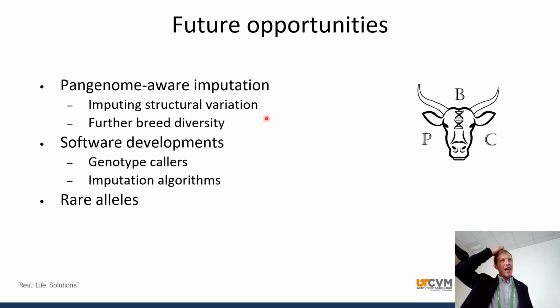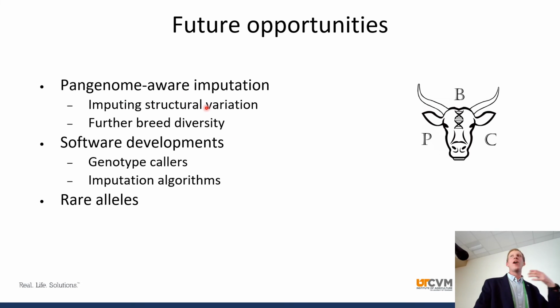And so as far as future opportunities, I think there's some really exciting stuff going on. Again, we're glad to have Ben here talking about the pangenome, and I think that when it comes to doing pangenome aware imputation down the line, there's going to be a lot of value when we can take a resource like a pangenome that represents a ton of genetic diversity across Bos taurus and Bos indicus, and then layer on the power of our really large genomic data sets.